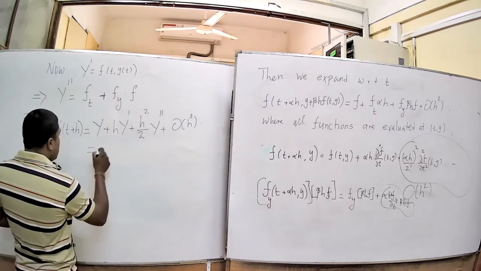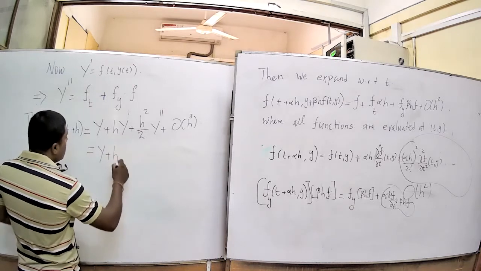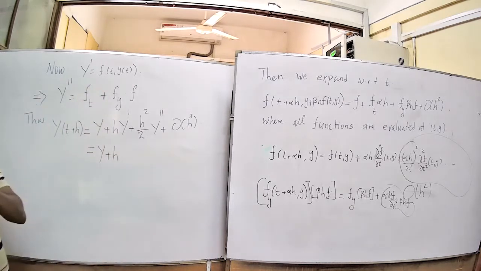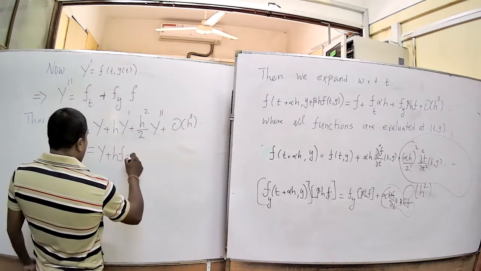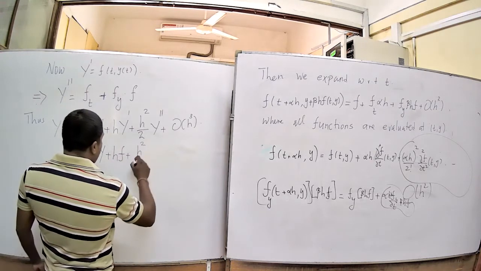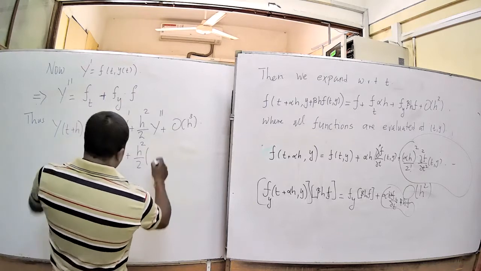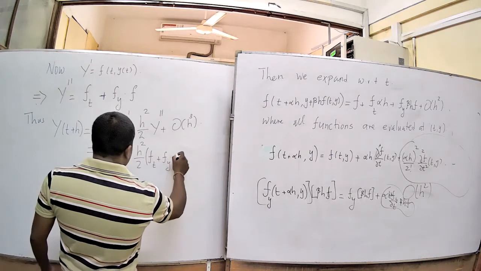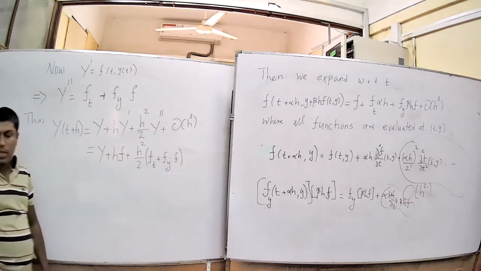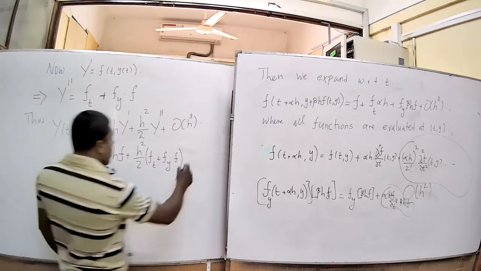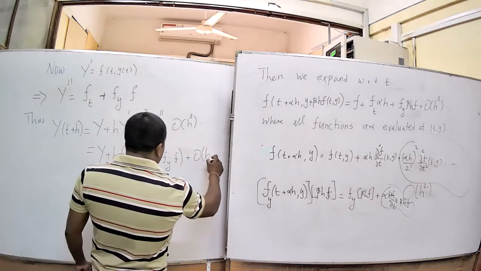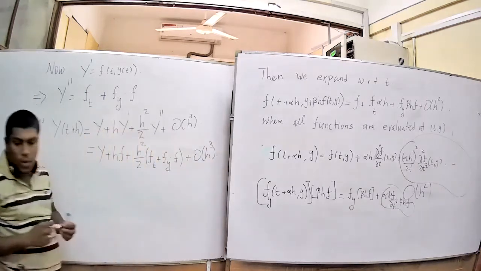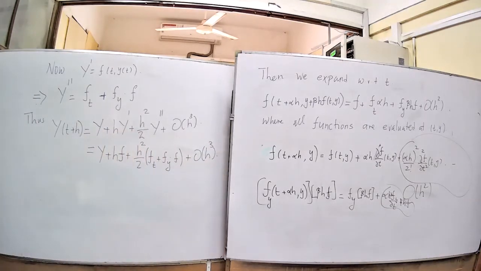So this is basically y plus h times y prime, which is f, plus h squared over 2 times f sub t plus f sub y times f, plus order of h cubed. So you have Taylor's expansion of y of t plus h as well as the right hand side.